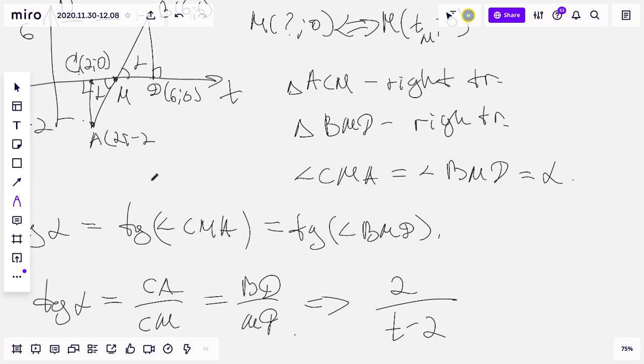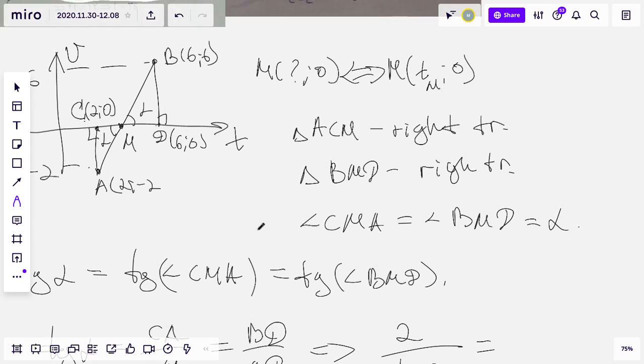We have the tangent of angle CMA, which is an angle in this right triangle: 2 divided by time minus 2. This equals the similar angle BMD.